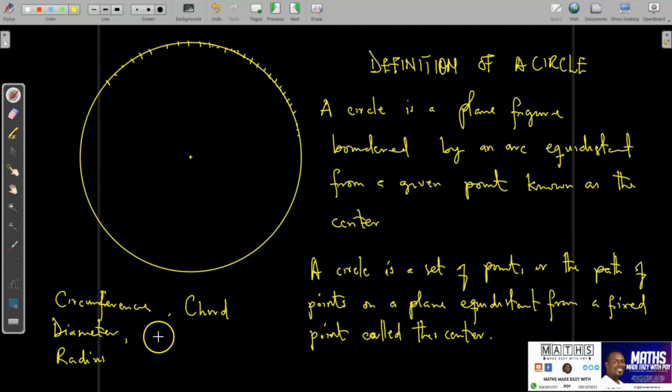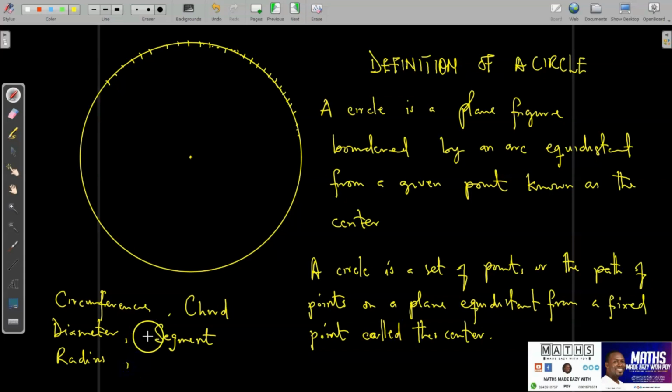Can you come again? Did I hear segment? Because of the network, I'm not hearing that clearly. Okay, so we have segments. We have the chord. We have the circumference. We have the diameter.